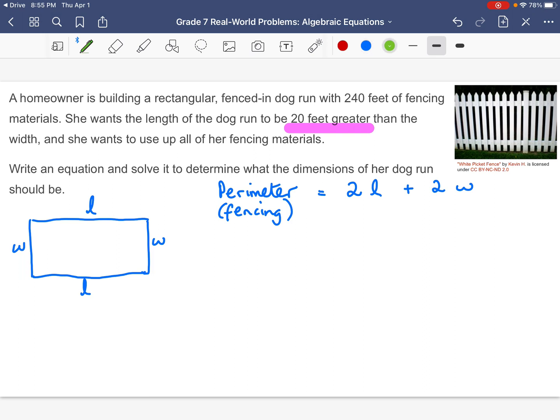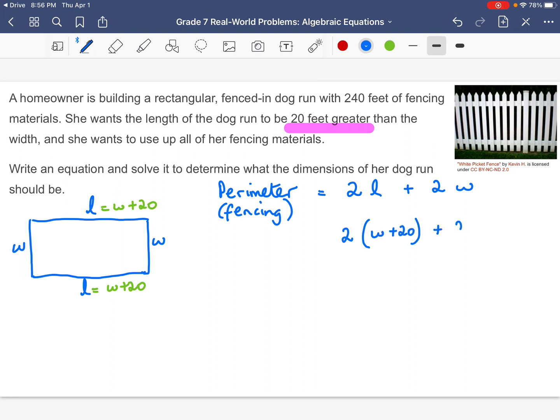Now something else we know is that the length is the width plus 20 feet. It's 20 feet more than the width. So length is equal to width plus 20. I'm going to write that there. So I can replace the L's in my equation. 2 times, instead of L, I can have width plus 20.